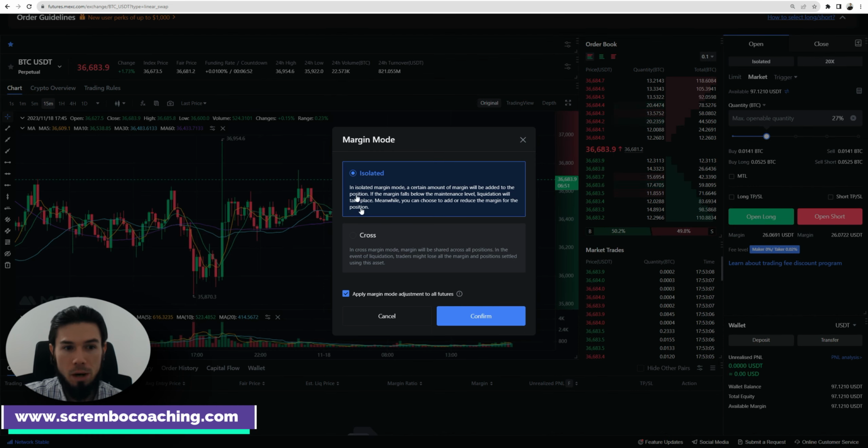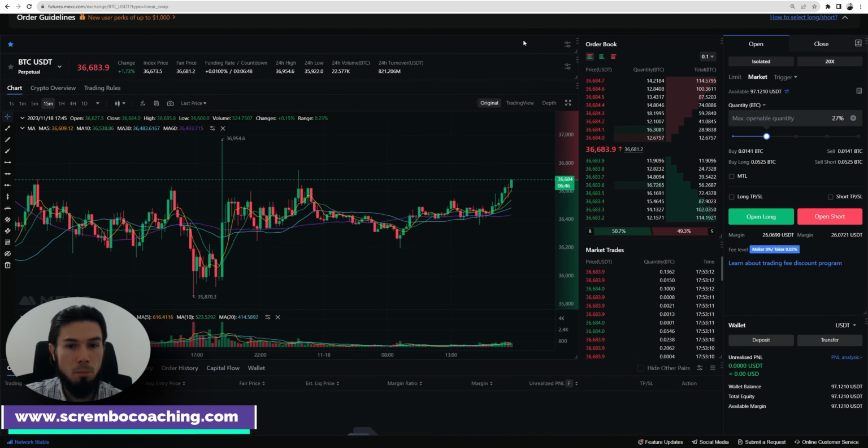So let's get back to our isolated and cross. Now, the isolated type of margin mode is where you isolate the initial margin from your whole wallet balance. And it's simple. You have $100 in your wallet balance and you want to dedicate $20 to that trade, which means those $20 will be isolated in the trade and cannot be utilized for other trades.